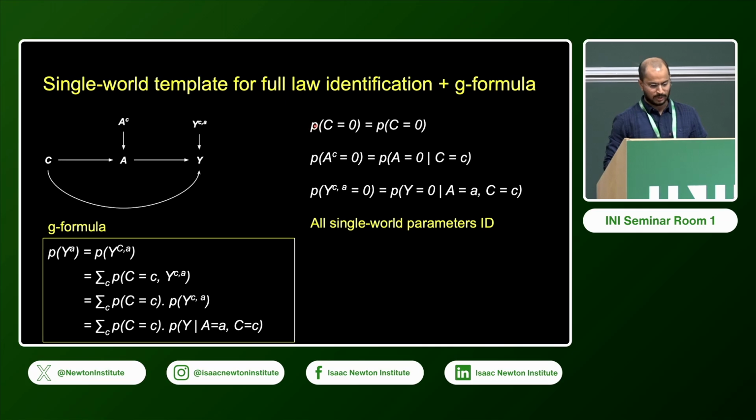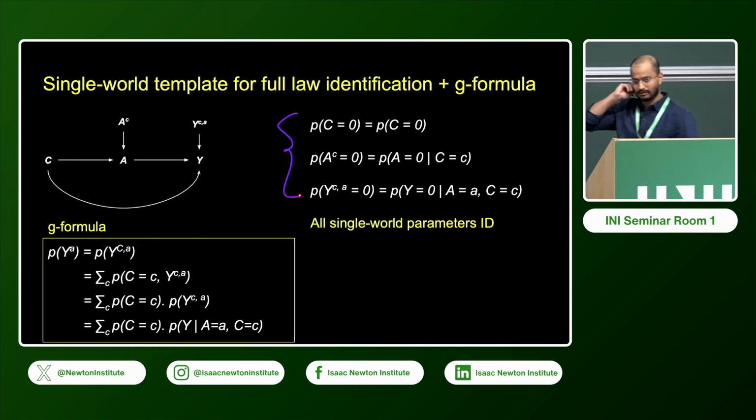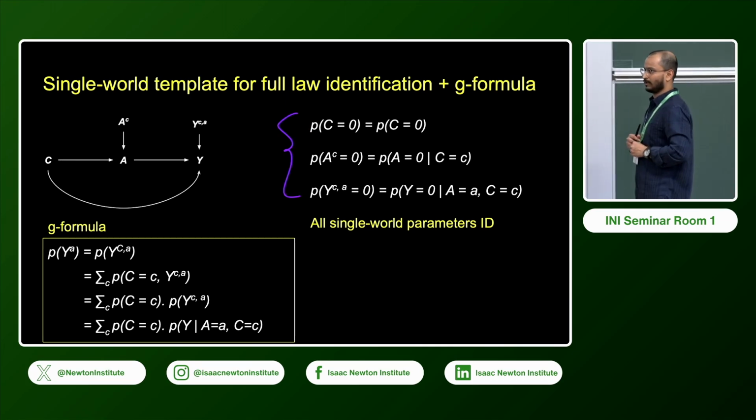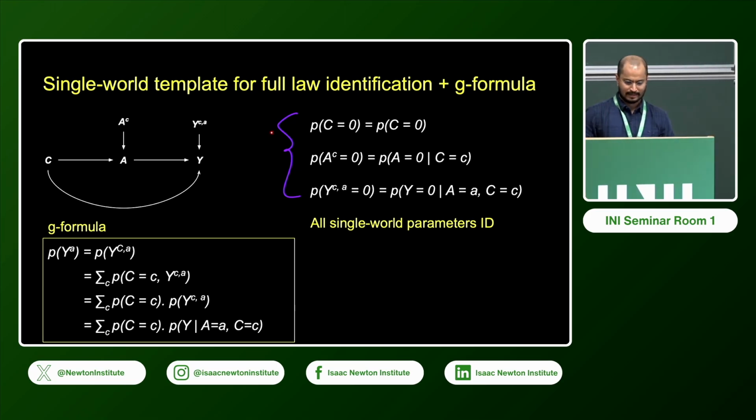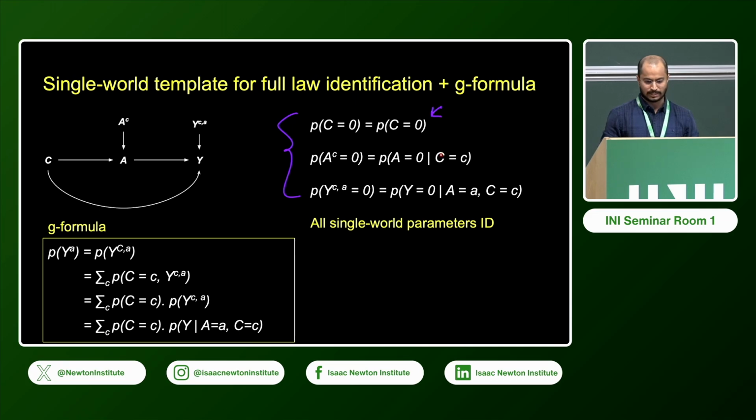So you end up with a full bijection on the single world parameters. All single world parameters end up being identified, and this is the mapping. You can kind of see these are pieces that eventually lead to the g-formula.